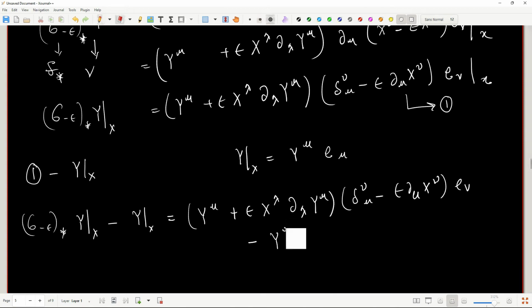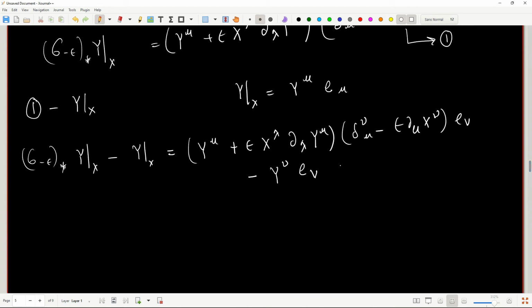Let's say y nu e nu. We're doing it so that we can factor out these bases. Since they are dummy variables, it really doesn't matter. So let's simplify the first term over here, and again we will ignore all the higher order epsilon terms, even though if you want to keep them, if you want to apply the limit when epsilon goes to 0 and multiply this quantity by 1 upon epsilon, all those higher order terms will go to 0 anyway. So we are going to skip them from this step onwards.